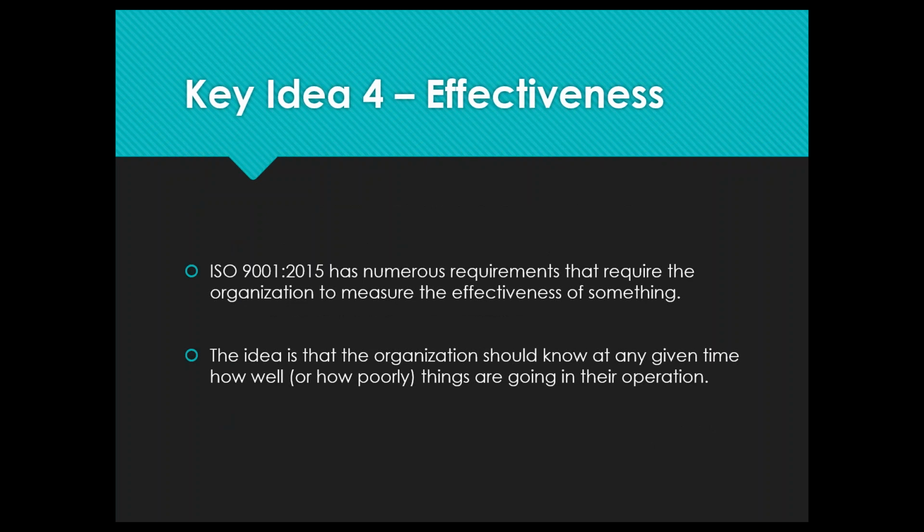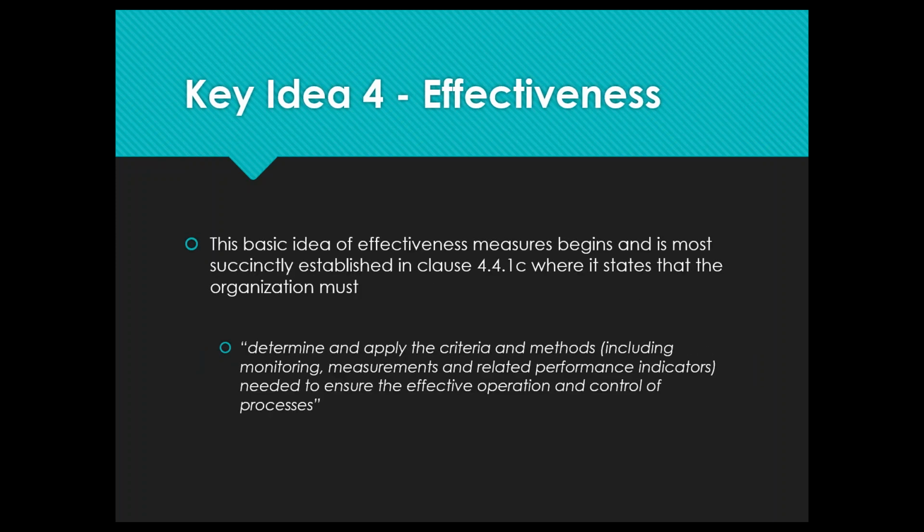Our fourth key idea is effectiveness. There's a lot of requirements in play that require you to measure how effective an activity was. And the idea is that you should know at any given time how well or how poorly things are going in your operation. Now, the basic idea of effectiveness measures is probably most succinctly established in clause 4.4.1c.